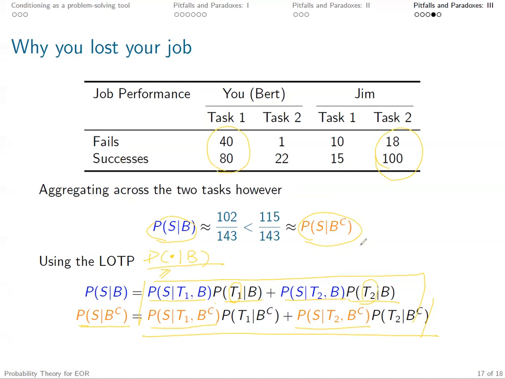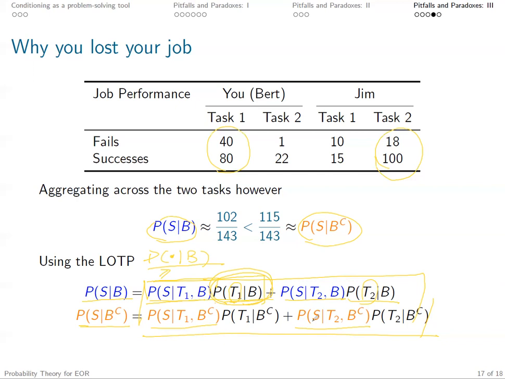So if we simply aggregate them all together, essentially this one is taking the major weight in the first equation. The probability of S given B has its major contribution from the first term.